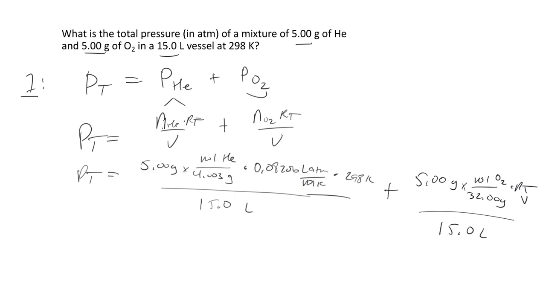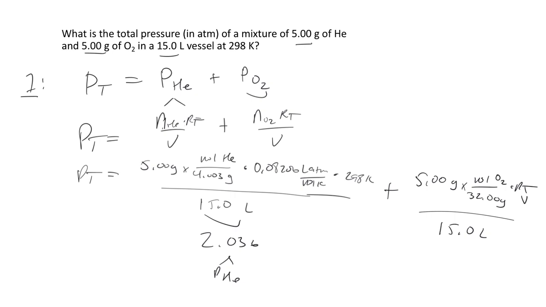So 5 divided by 4.003 times our gas constant times 298 divided by 15. This is just the pressure of the helium. And then plus that from oxygen, 5 divided by 32 times the same gas constant times 298 divided by 15 liters.